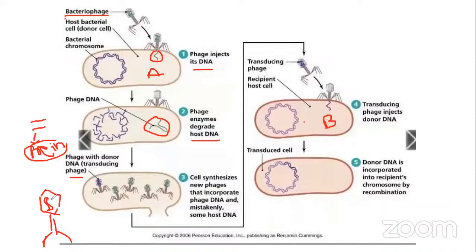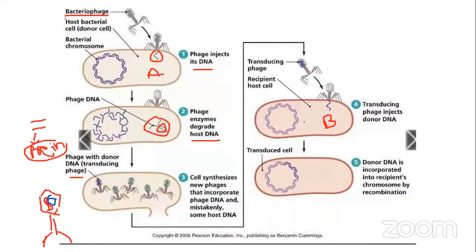Right? While this formation happens, with this bacterial genome, let's change color, a bit of phage DNA also attaches to it. Now this bacterial genome, red color, while the phage forms, a bit of phage DNA also attaches to the bacterial gene.